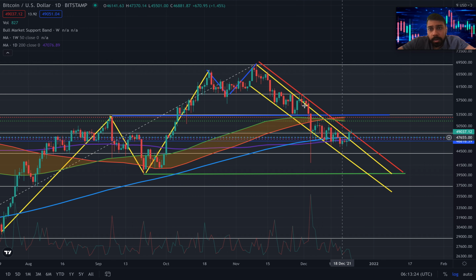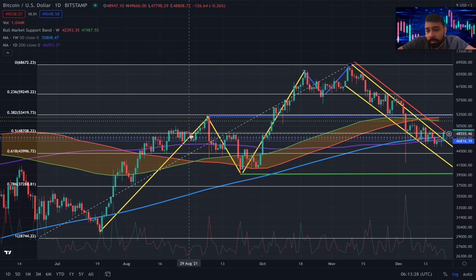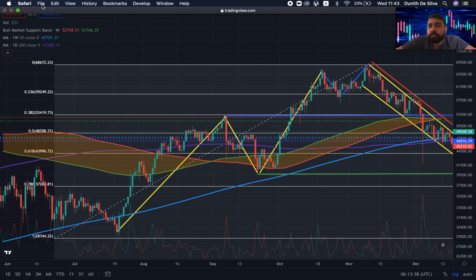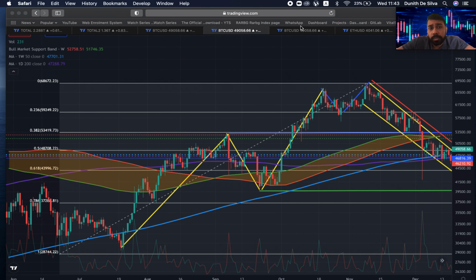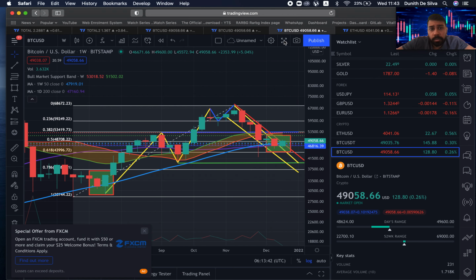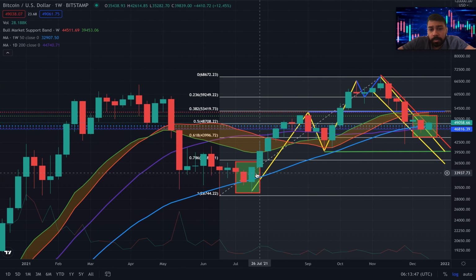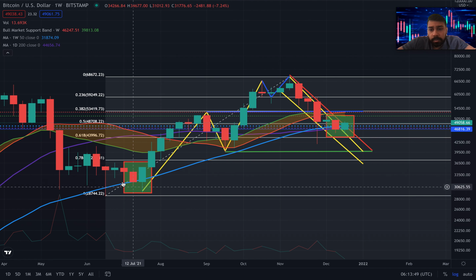Okay, another pattern that we can see. Remember we held the 50 week moving average here during our May crash, mini bear market, right? So if we go on to the weekly, we can see actually a small thing here. Can you see that we held the 50 week moving average here?